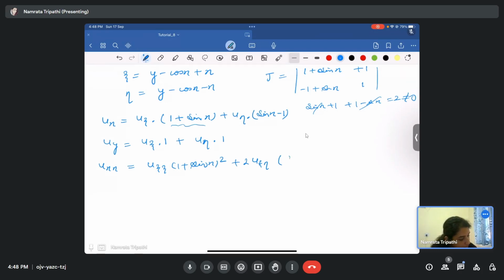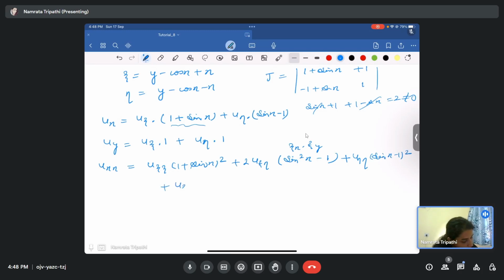So after multiplying you will get sine square minus 1. Fine. And the next term is u eta eta times eta x square. Eta x is sin x minus 1. Sin x minus 1 whole square. Fine.